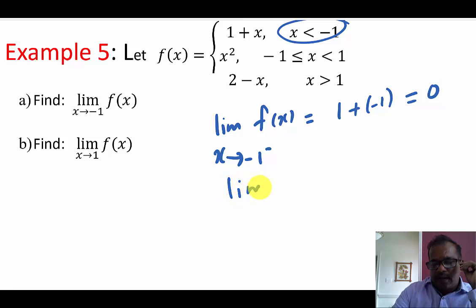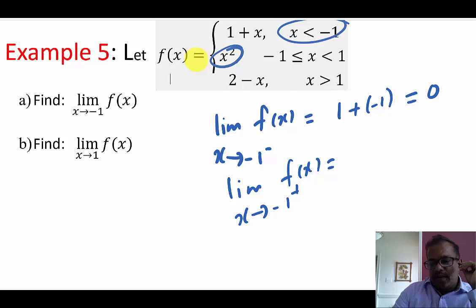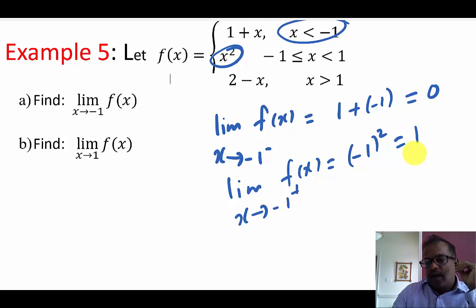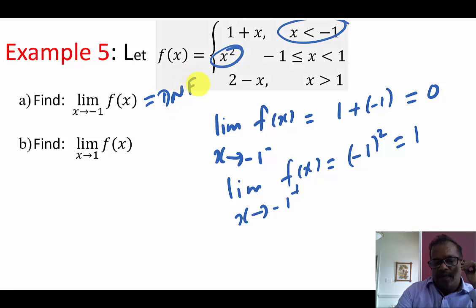And the right limit, as x approaches negative 1 from the right of f of x: above negative 1, I have to use this piece, which is x squared. Negative 1 squared is equal to 1. So the left limit is 0, the right limit is 1, so the limit therefore does not exist. Here is the work for that.